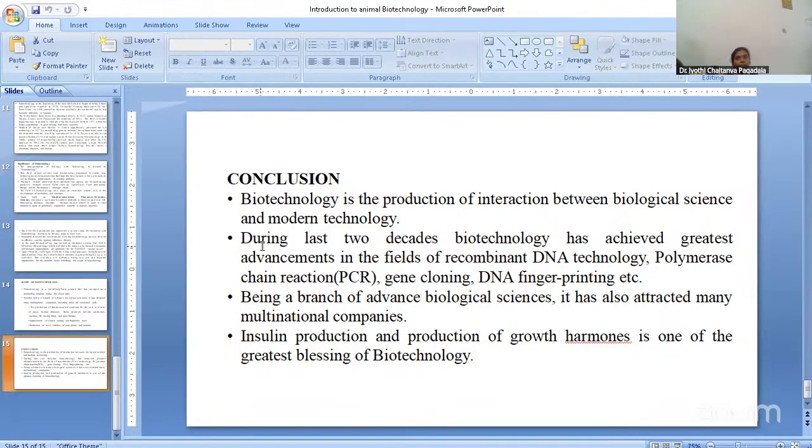And in 1996, the first cloned lamb, Dolly, was born successfully by the efforts of scientists of Scotland.